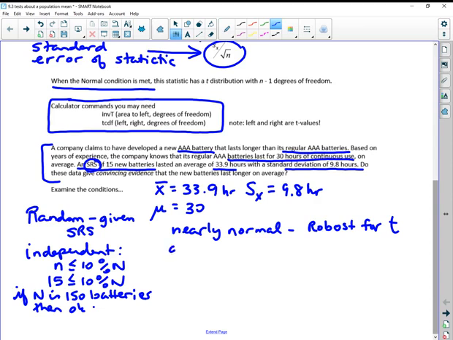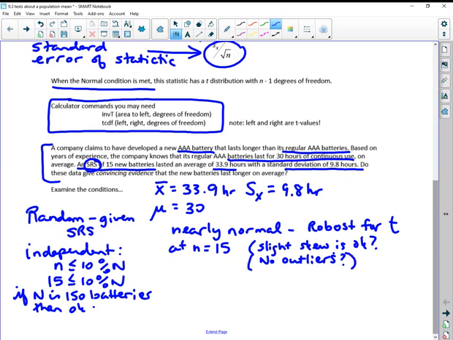But we're at the 15, at n equal 15. So we can have slight skew, but we don't have any information about that. We can have no outliers, but we don't have any information about that. We would need to know that.